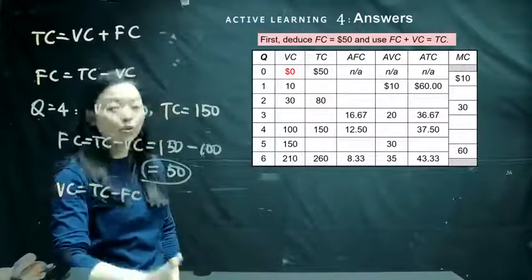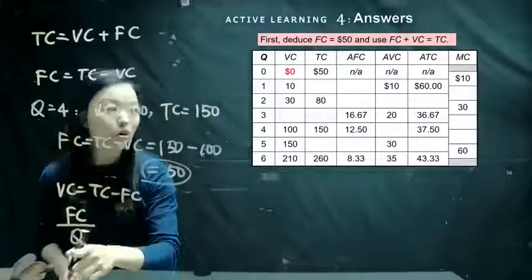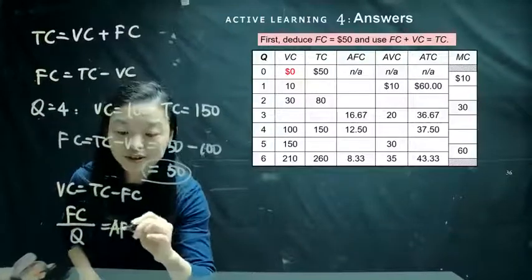After that, you already know the fixed cost. You can just divide it by quantity to get the average fixed cost.